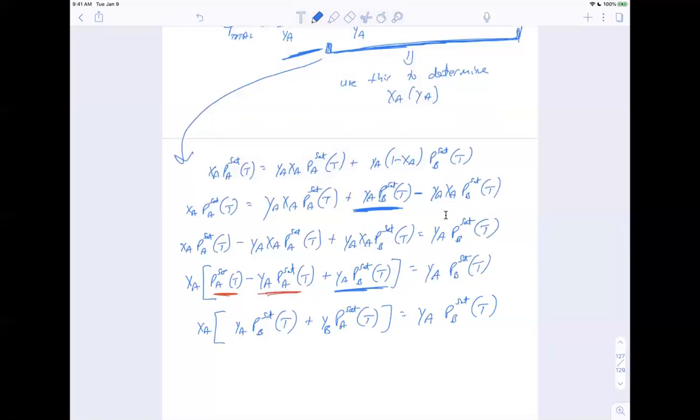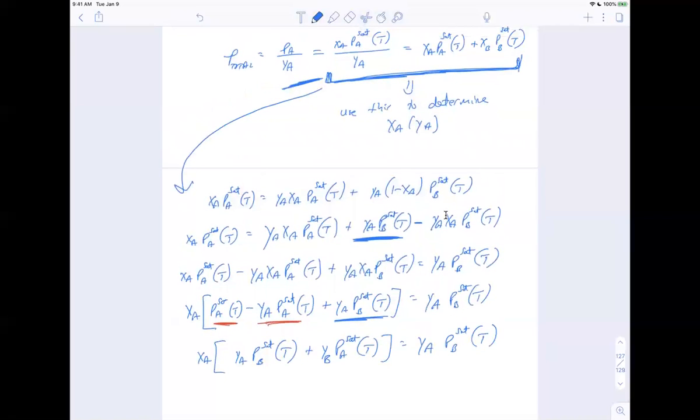And so now we can solve for xa. The only place we have an xa is on the left, and everything else is in terms of ya. Remember, our goal was to get xa in terms of ya.